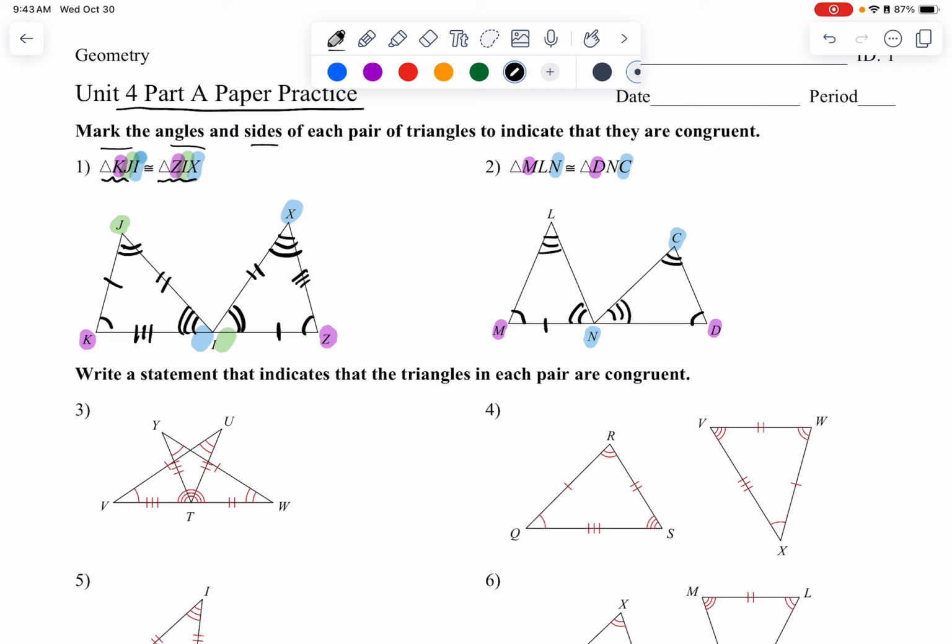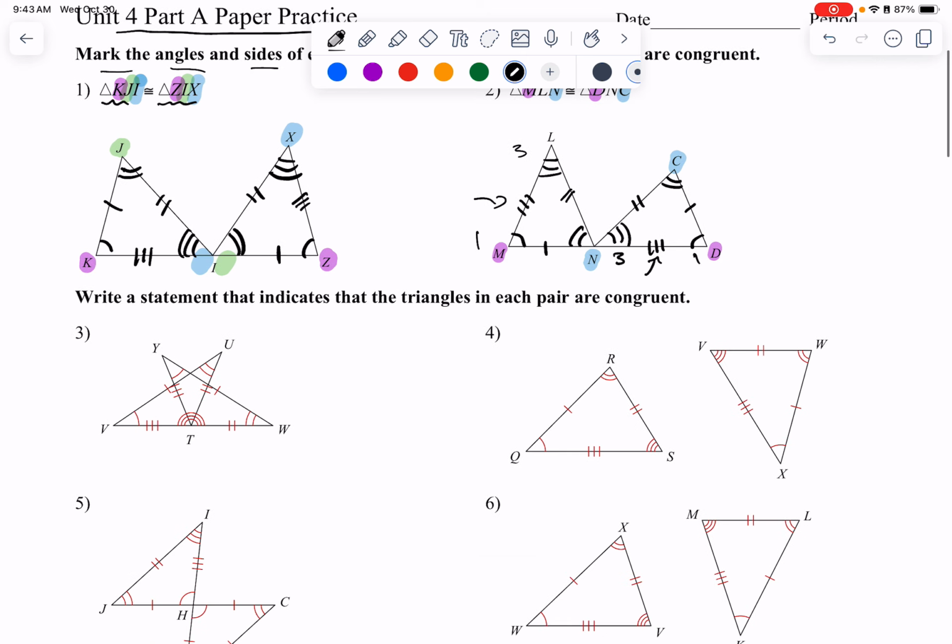Then we have all of these little segment hash marks as well. So I'll mark those. And I'm marking them in the same places. So the triple hash mark is between the triple arc and the single arc. And here's the triple hash mark between the triple arc and the single arc.